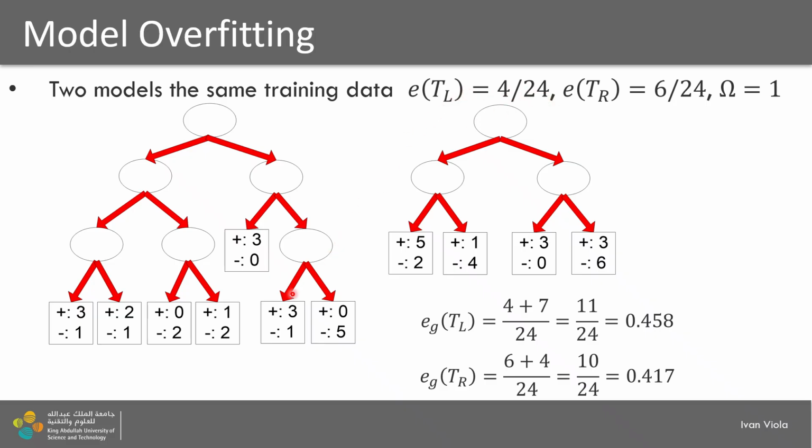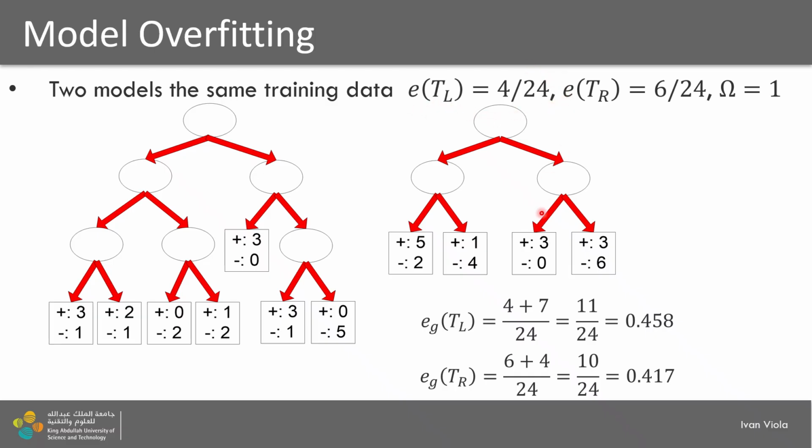So in this case there will be 4 misclassified entries in the training set out of 24 entries. This is the error which is not yet penalizing the model complexity.